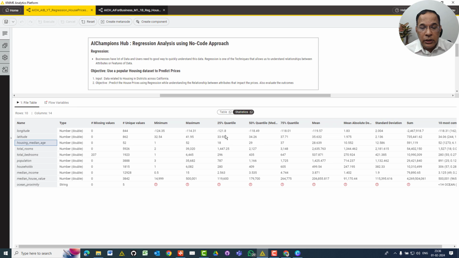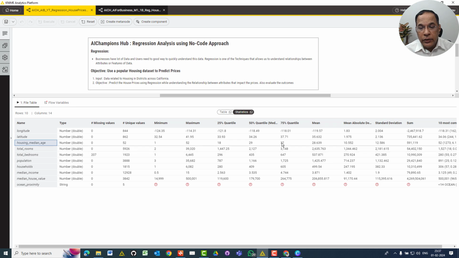That means 25% of my coverage is given by the 0 to 18 type of age values. Then 50% of the values are falling below 29, right? So my minimum is 1, so 1 to 29, right? And then from 29 upwards to 52, I can see values which are another 50%.